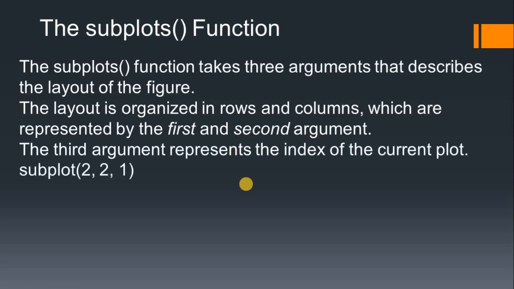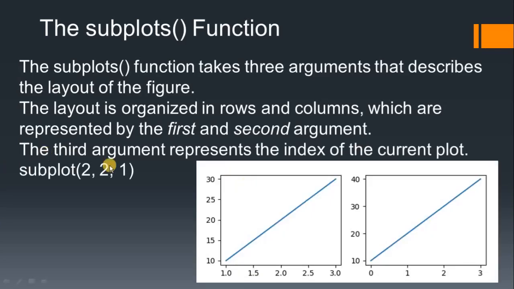For example, subplot with first value 2, second value 2, third value 1. The first value represents the rows, the second value represents the columns, and 1 represents the plot number. Here 1 means this is the first plot. If you write 2 it will be the second plot.